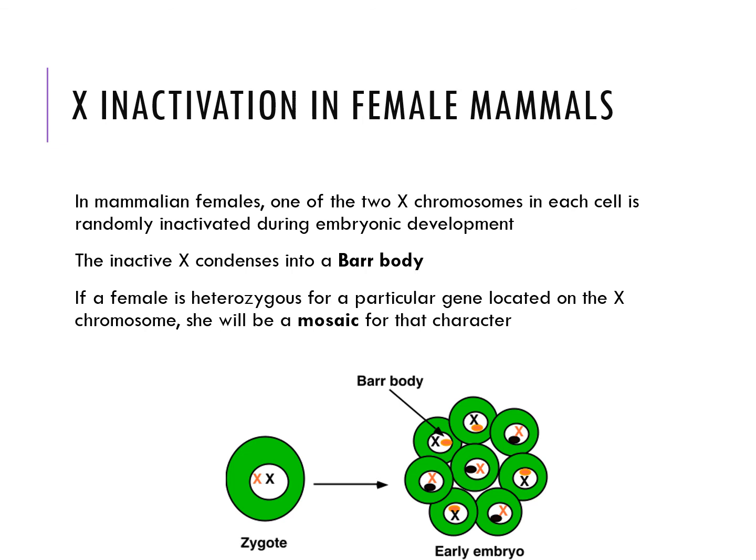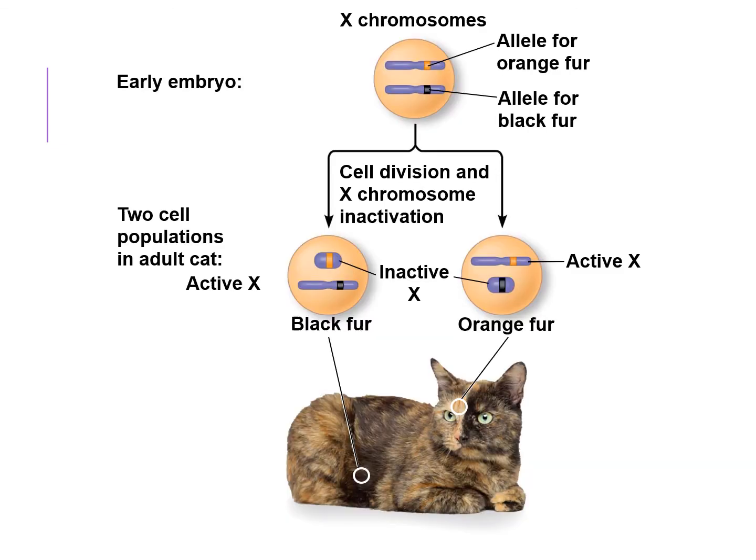And so as a result of this, we end up with females that exhibit a mosaic pattern of that trait, like a tortoiseshell cat. So tortoiseshell cats are always female because the allele for fur color is found on the X chromosome.